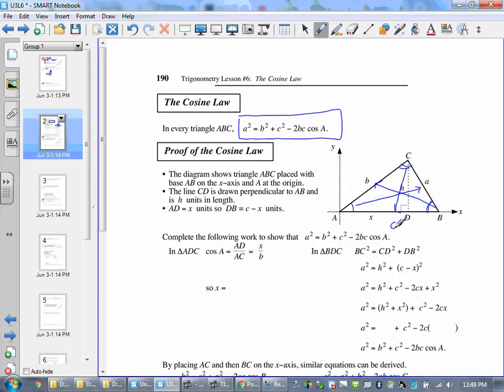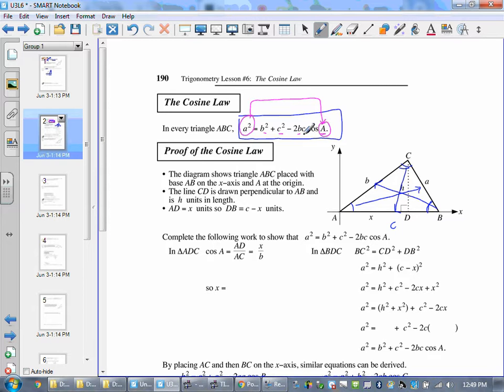Just like with our sine law, we could use any part of it to solve for any letter. Same thing here. What we do want is that this side length that we're solving for matches the angle here. So if we're solving for side A, we're going to be using angle A in our cos, and then the B's and the C's will be the other sides.